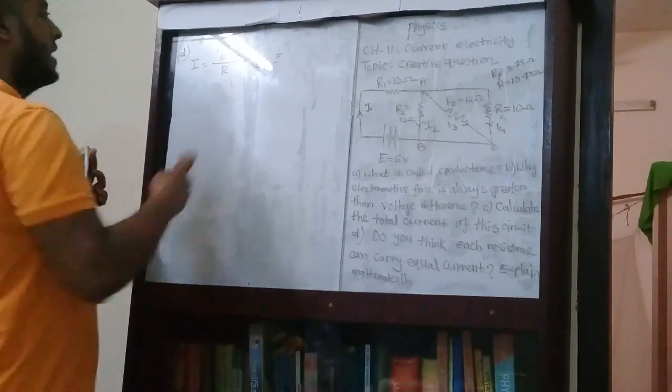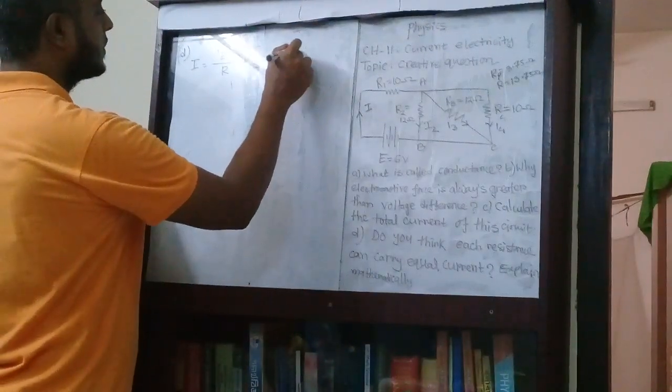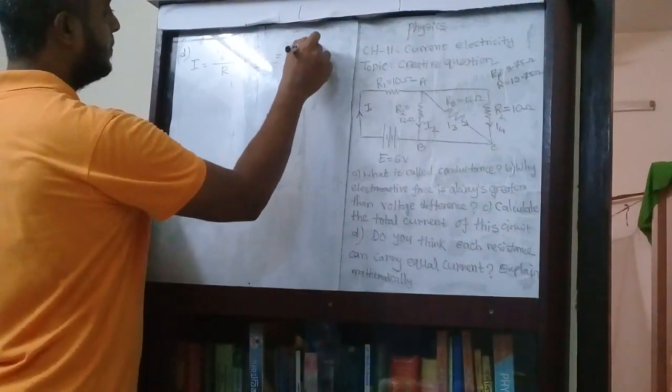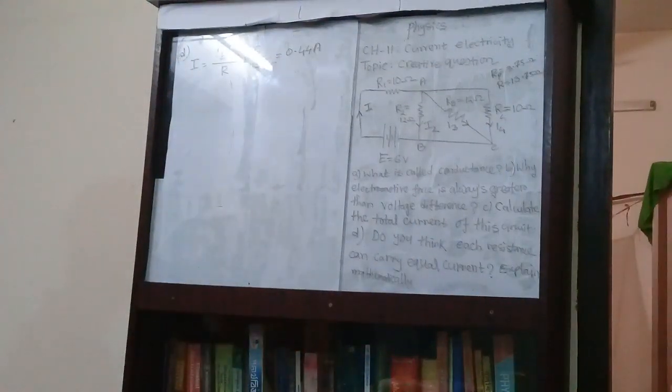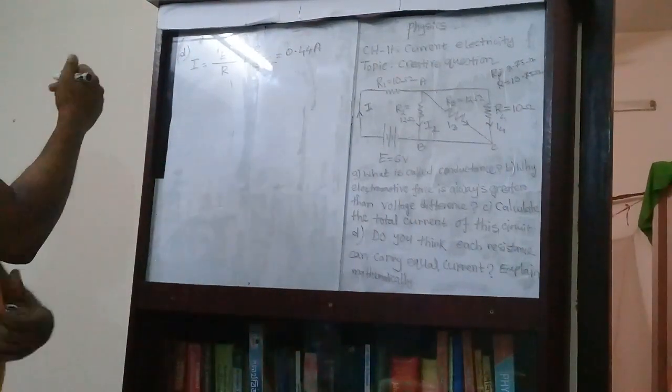So the total current of this circuit is 0.44 ampere.